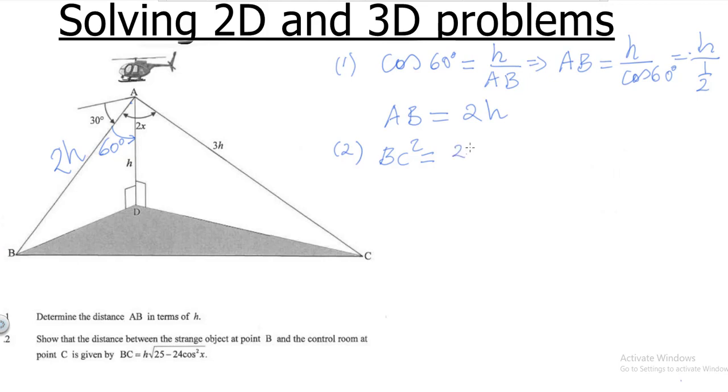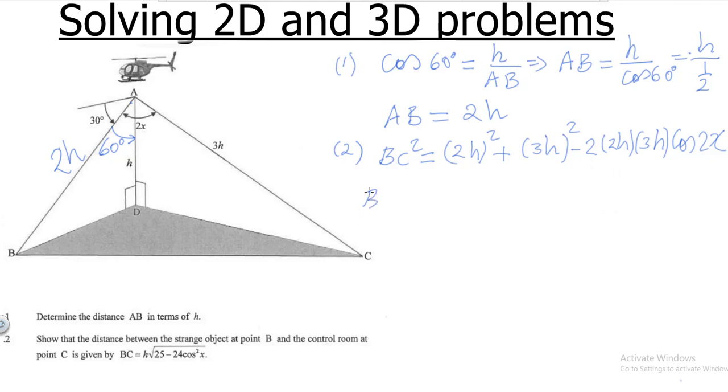It is 2h, all squared, plus AC, what is AC? It is 3h. We are going to use the cosine rule. Minus 2 times AB, which is 2h, times AC, which is 3h, multiplied by cos of angle 2x.